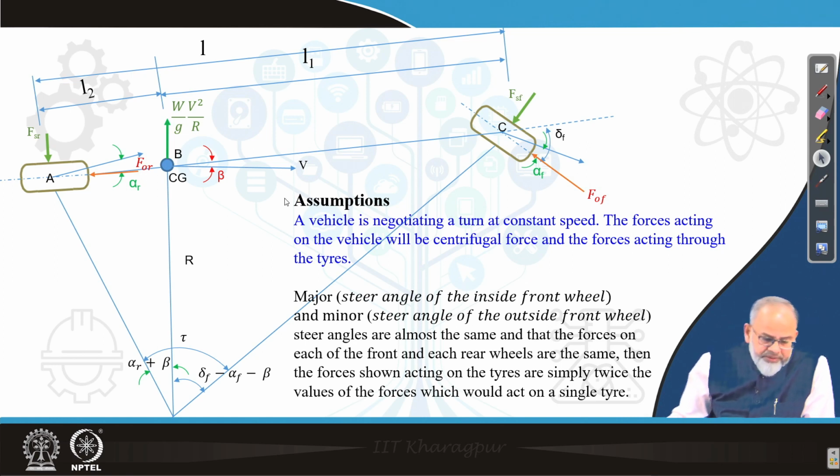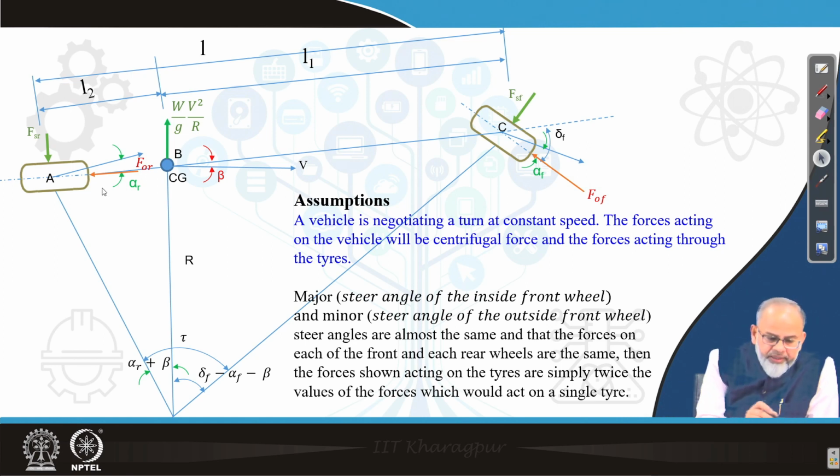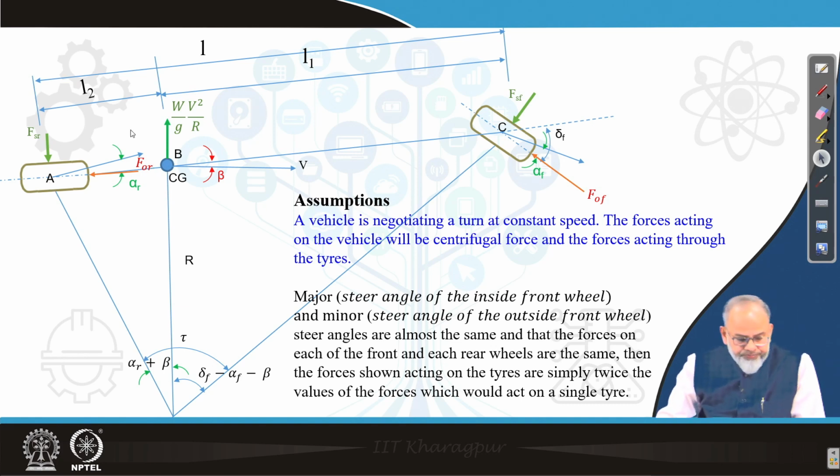Now, if you look at this diagram, I have indicated the wheelbase as L, the distance of CG from the front center of the wheel as L1, and the distance of the rear center of the wheel from the CG as L2.